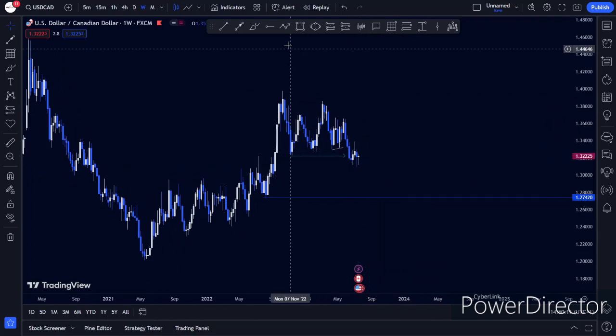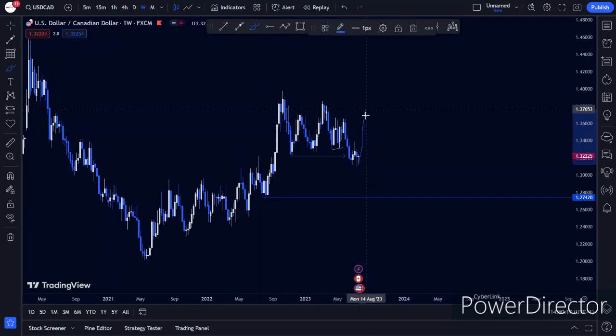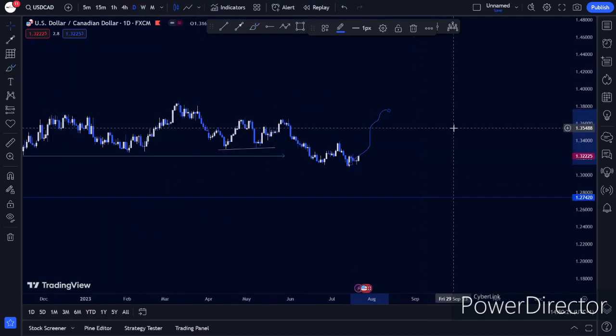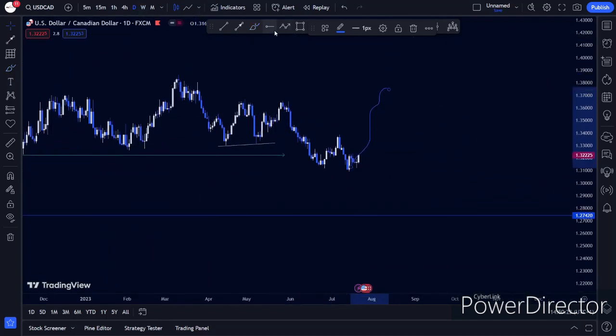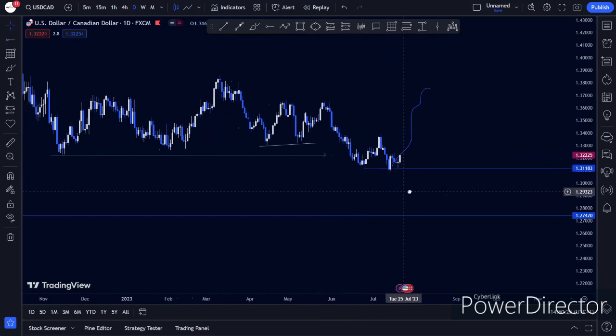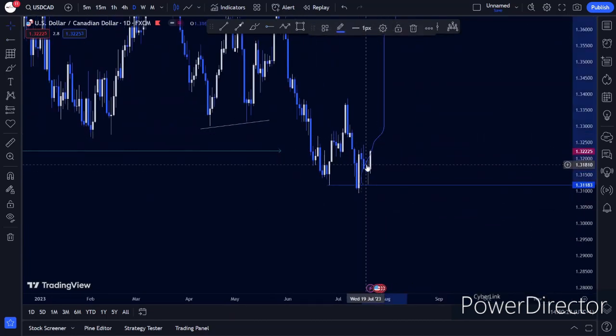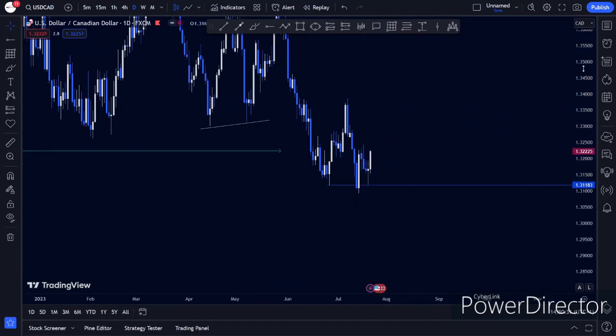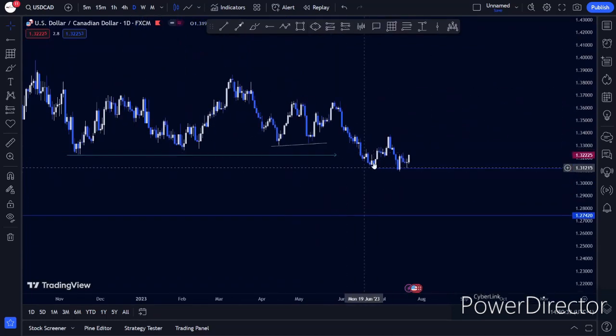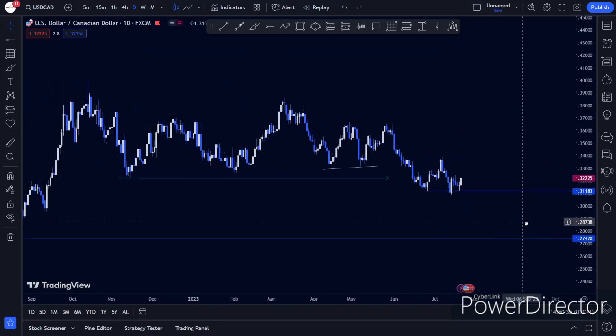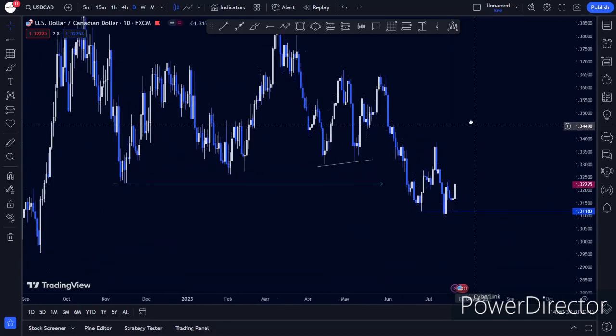We broke this low, and then price began to give the correction. So there is a chance of price actually reversing from here, especially with the mini double bottom, which is obvious on the daily. So look at that momentous bullish candle. And then this could actually go to the upside, very possible.